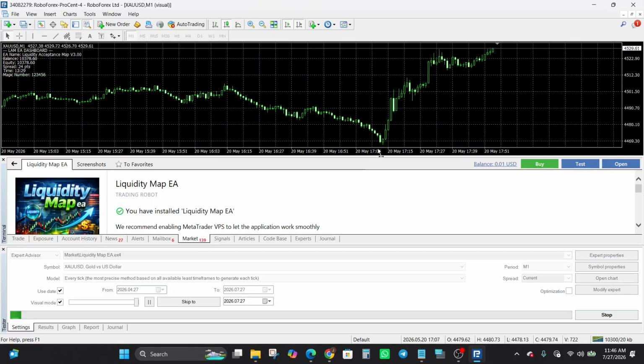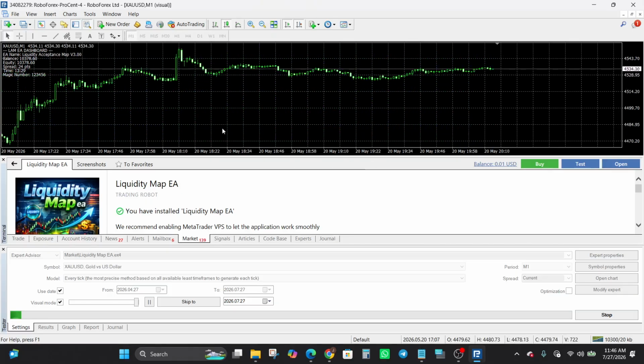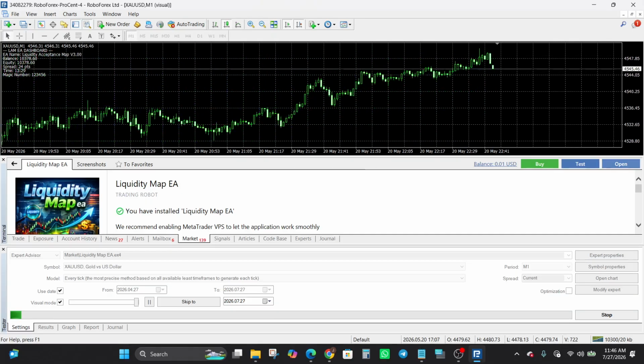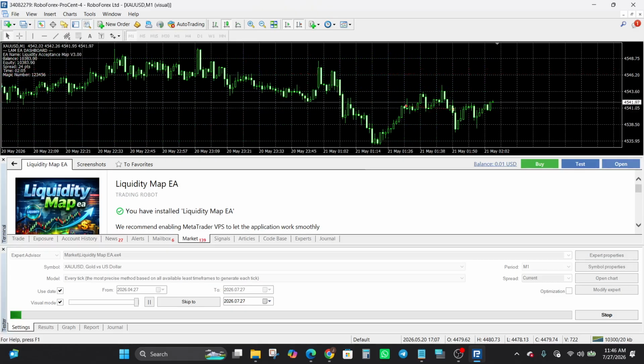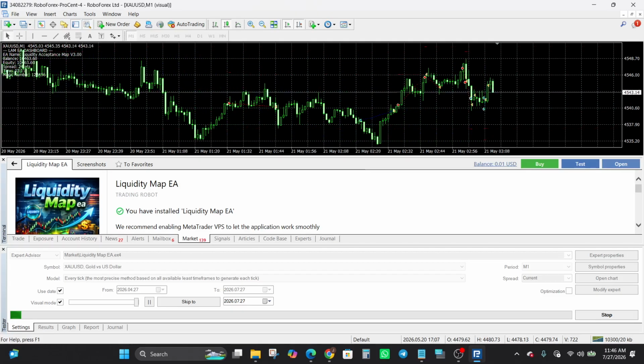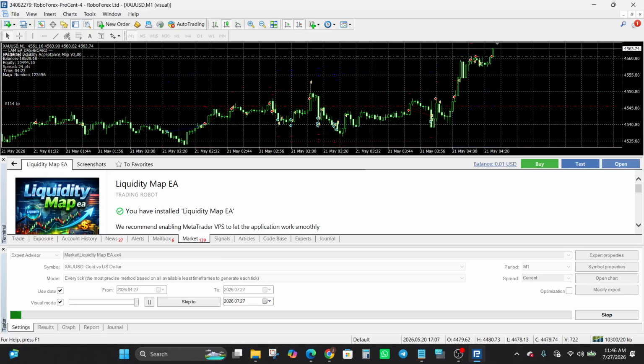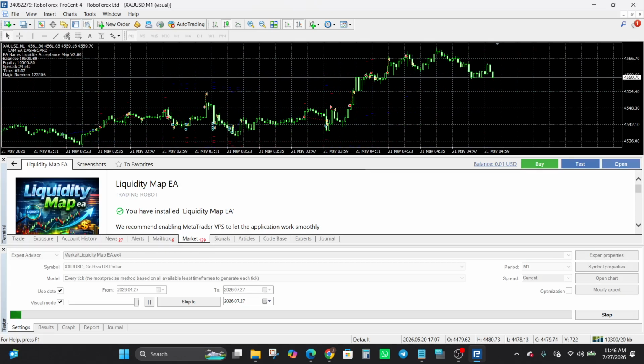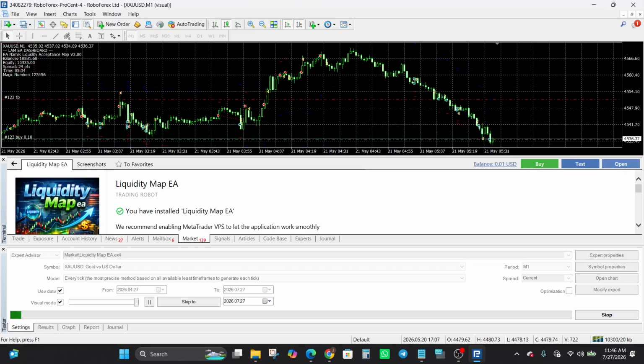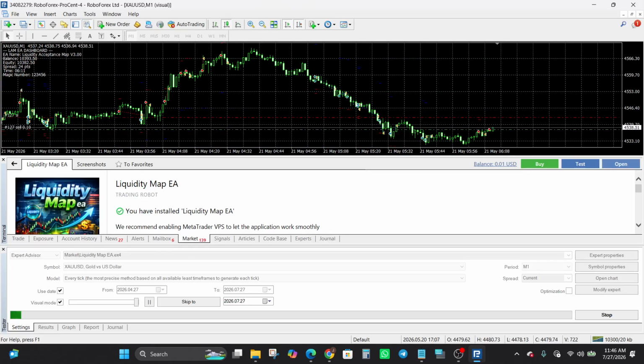So now just to wrap up, based on the available information, Liquidity Map is built around a specific, understandable price action concept, which is trading the rejection after a liquidity sweep.